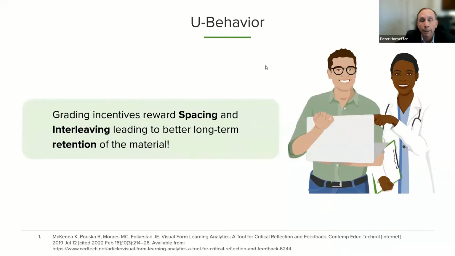And the important thing about U-behavior is they initially tried to share with students the importance of spacing and interleaving, and despite telling the students that this would improve their long-term retention, very few students actually used it until, and this is the key part of the U-behavior system, they then added grading incentives that, through the platform, tracked whether the students were taking their quizzes leveraging spacing and interleaving, and rewarded them for that behavior.